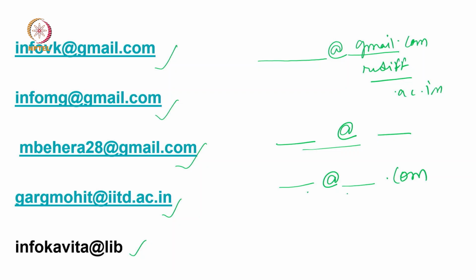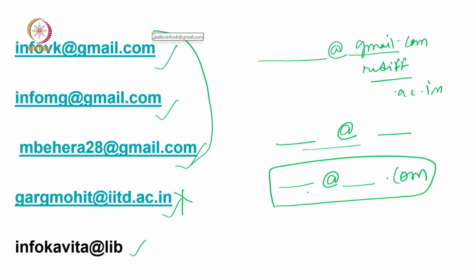But if we use this kind of pattern for email ID, it will exclude this email ID. It will take care only of these 3 emails. It will not take care of this 4th email ID.